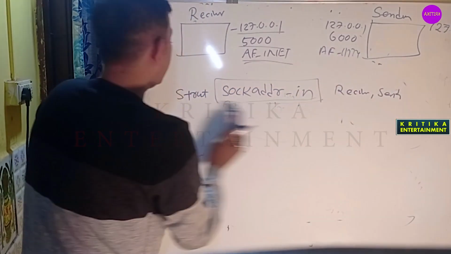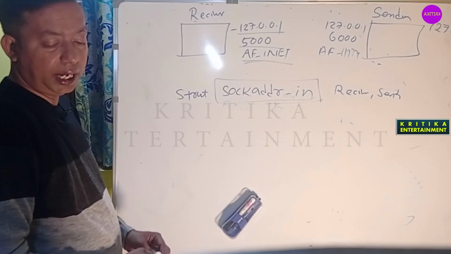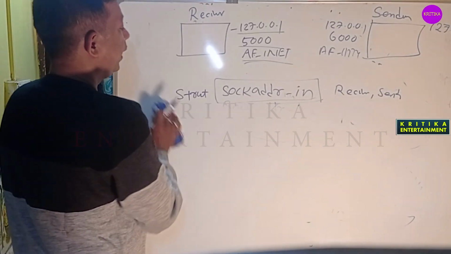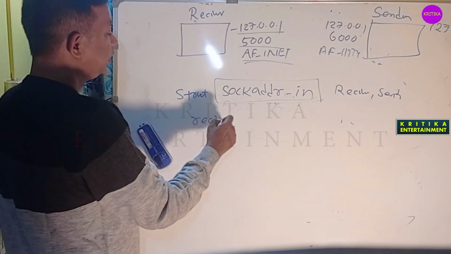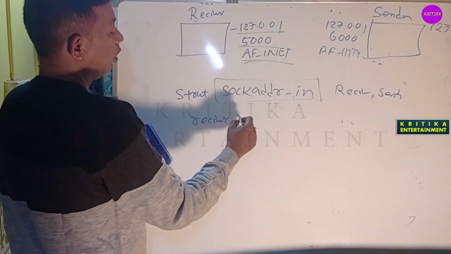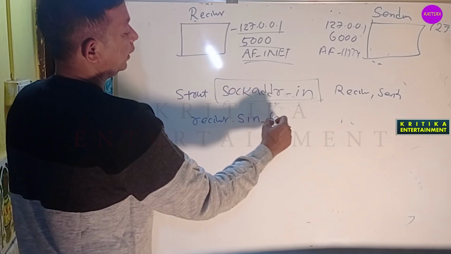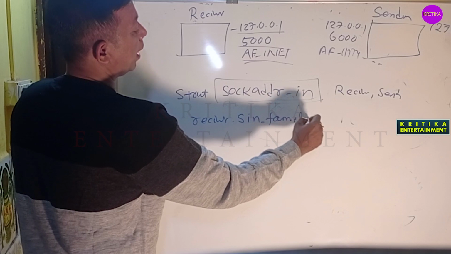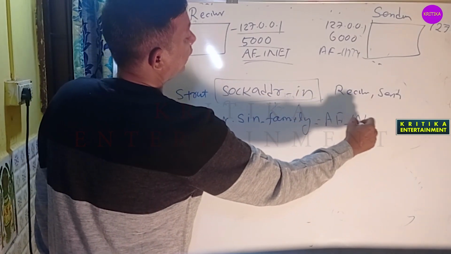First, receiver and sender. So here I will assign receiver dot sin_family. What is that family? You will write AF_INET.